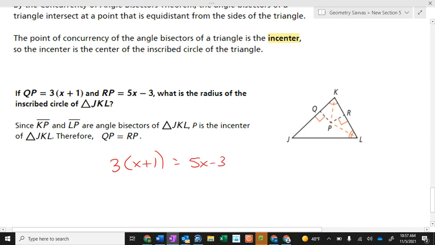Okay, left side, first thing that we do is what? Distribute. Ella, what do we do next? Subtract 3x, because you move the smaller variable first.